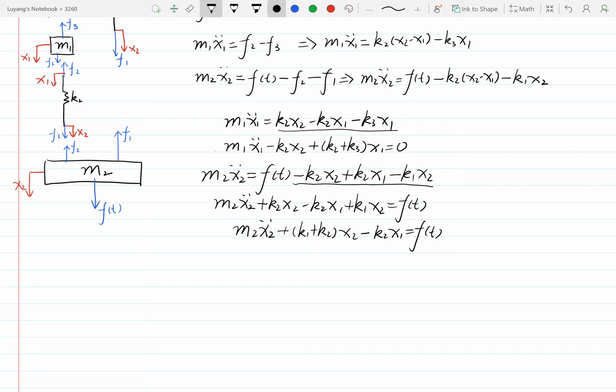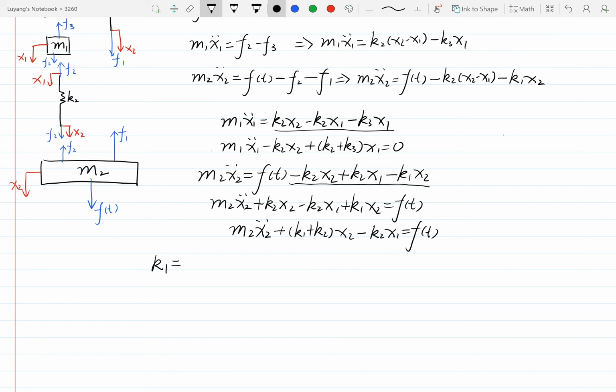And according to the information in the problem, we know that K1 equals K and K2 equals K3 equals 2K. So we can plug this into the equations here and here. So we got M1 x1 double dot minus 2K x2 plus 4K x1 equals 0.